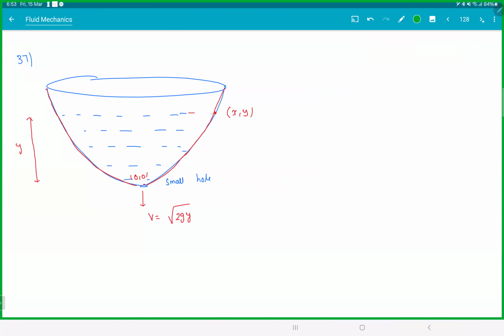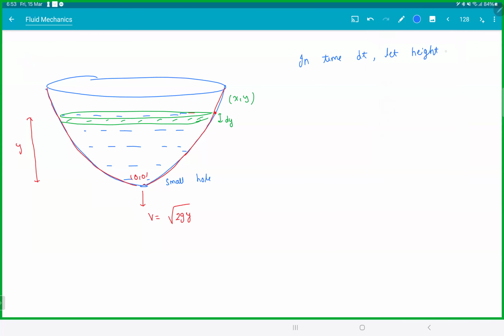So in small time dt, a small amount of liquid will flow out. Let the height decrease by dy.